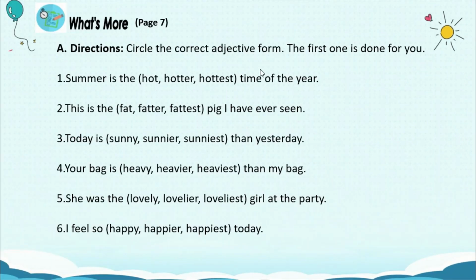For our last activity, the direction is: circle the correct adjective form. For the first question, summer is the hot, hotter, or hottest time of the year. Number 2, this is the fat, fatter, or fattest pig I have ever seen.